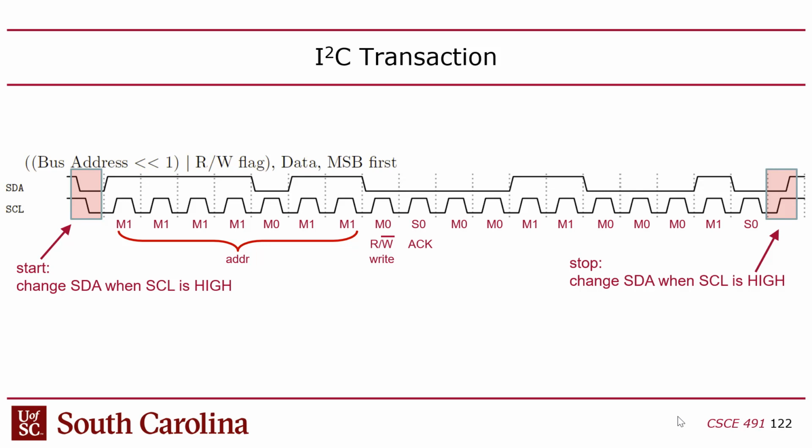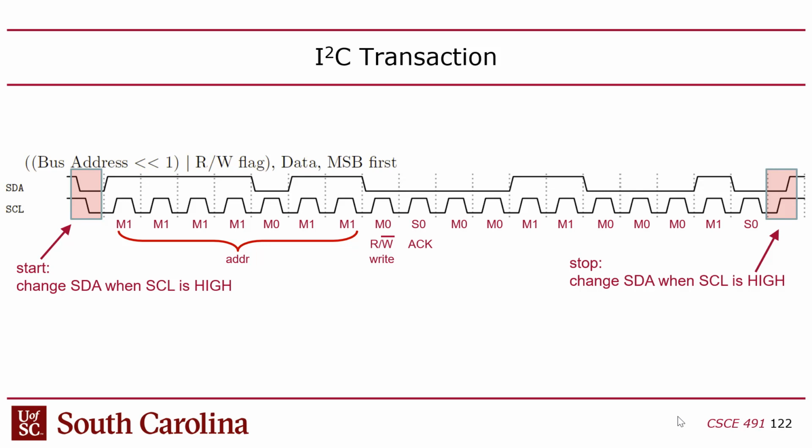If the slave I'm trying to talk to isn't on the bus, isn't listening, then the acknowledge will be 1 because no one will be there to pull that open drain bus down. So the acknowledge is active low, meaning someone's actually there pulling it low. The acknowledge looks good, it's low.